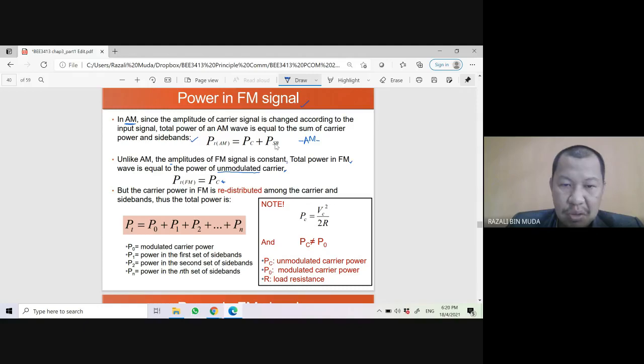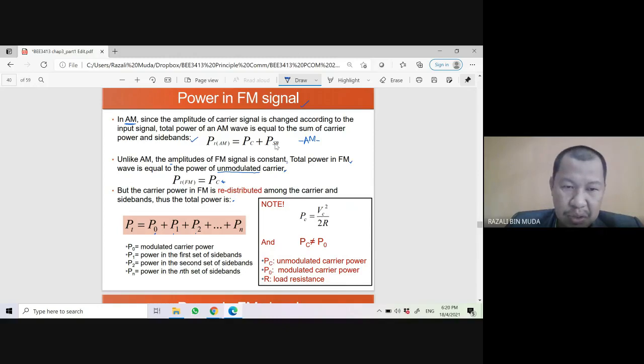Therefore, the total power PT is equal to P0, the carrier, plus P1, first sideband, plus P2, second sideband, plus and so on up to the n-th sideband.